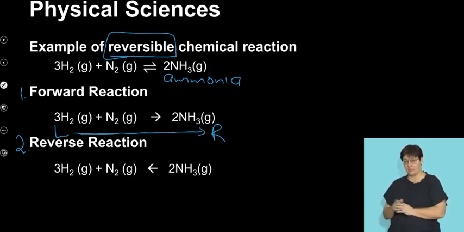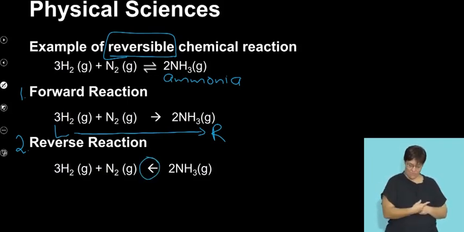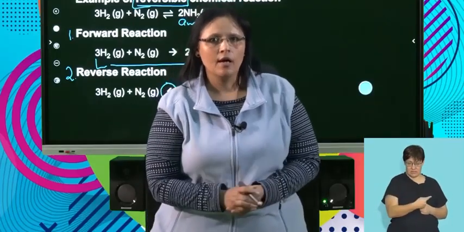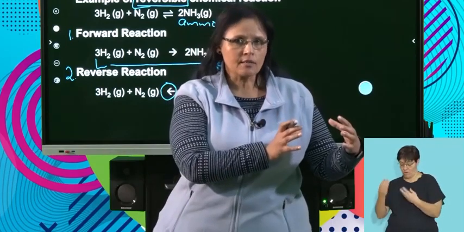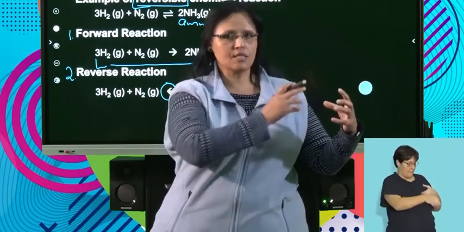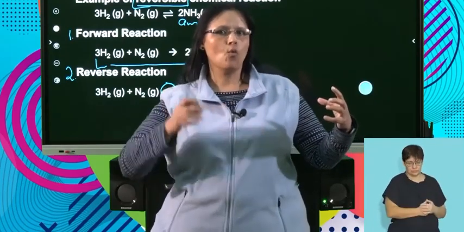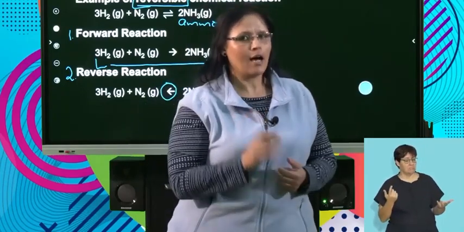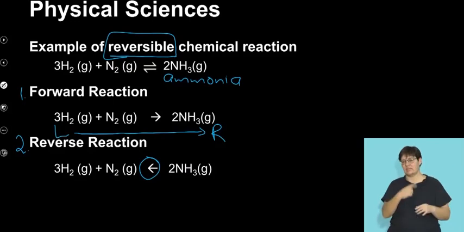When we write the reverse reaction of what happens here, we can write it the same, but we need to remember that it will now change. We change the arrow to the opposite side. Why? Because when we look at the reversible reaction, what was the product now becomes the reactant. And that reactant will now decompose, in this case, to form what was the reactant to be the product. I think I confused you now. Let me say the following.